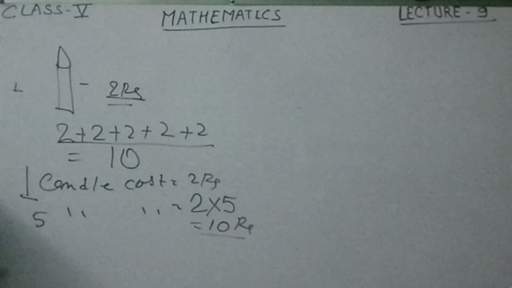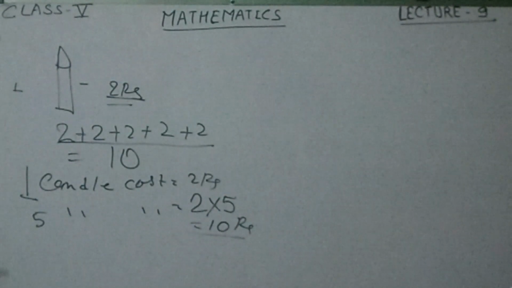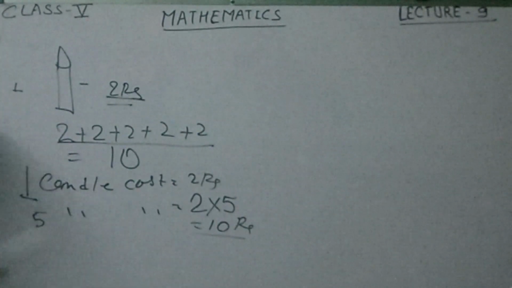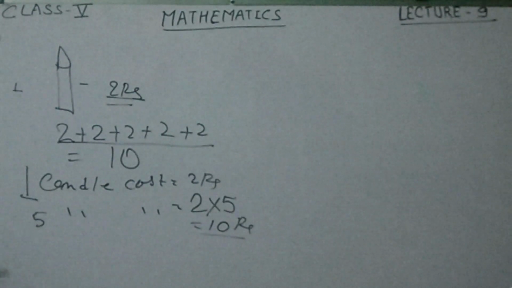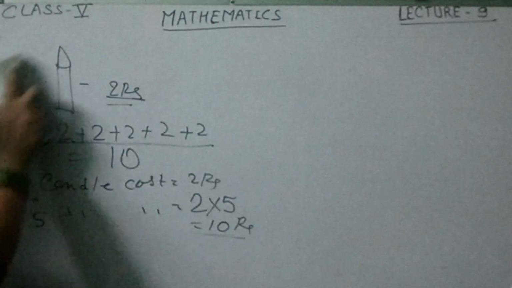One example I will take from your book. See, in your book one question is given here. A cooler costs rupees 4,350.